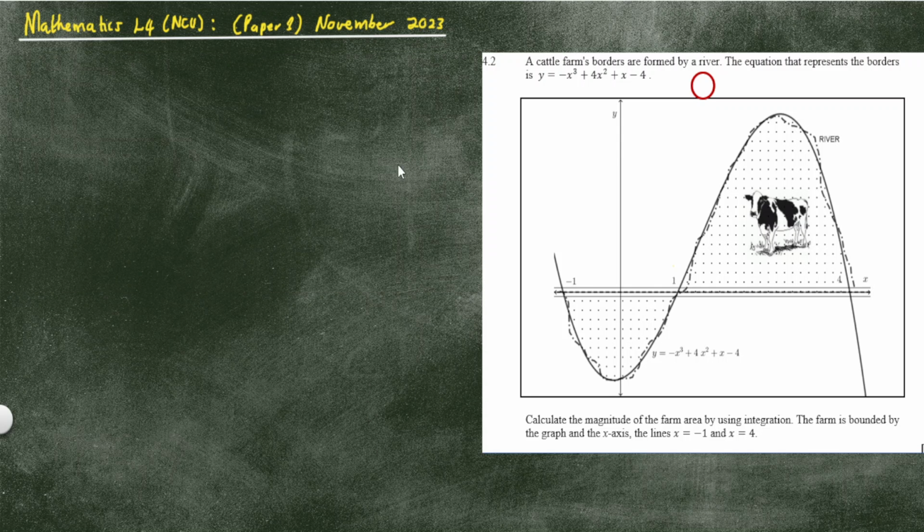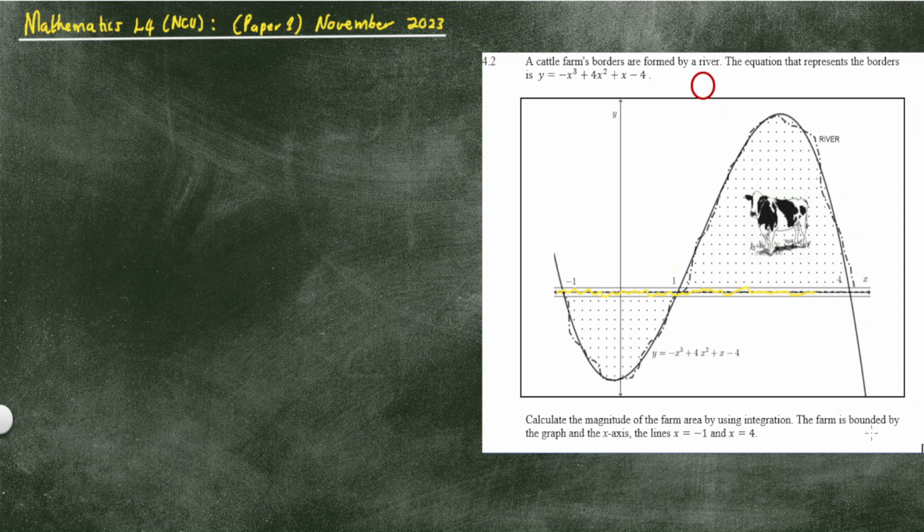So lana we have a cattle farm's borders are formed by a river. Where's the river? It's this part. The equation that represents the borders is y equal to this. Calculate the magnitude of the farm area by using integration.